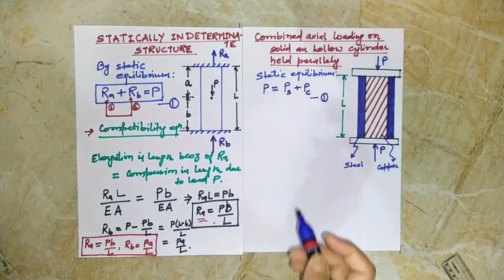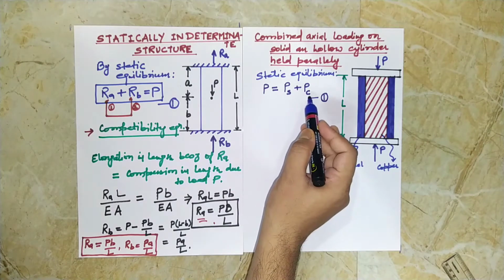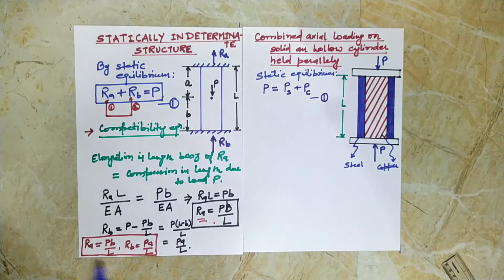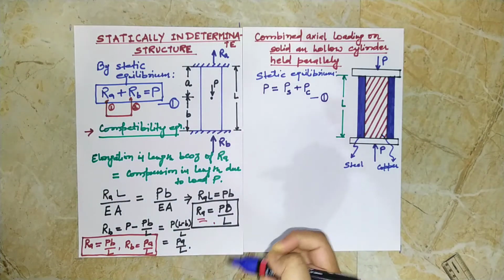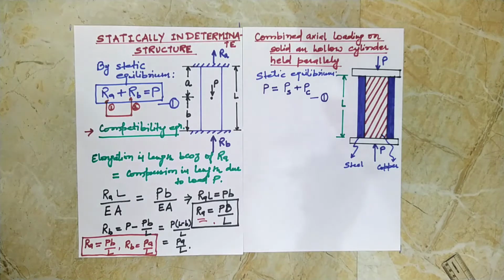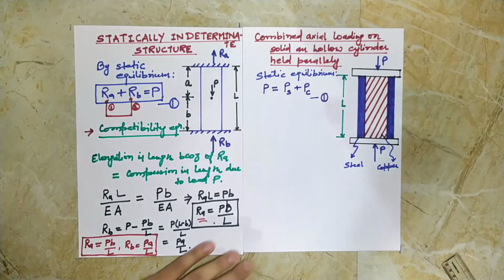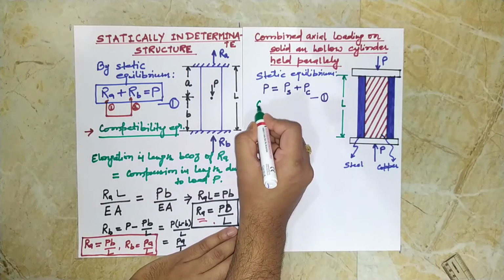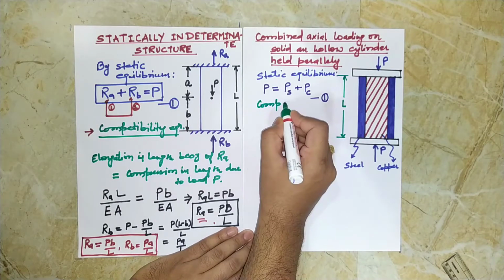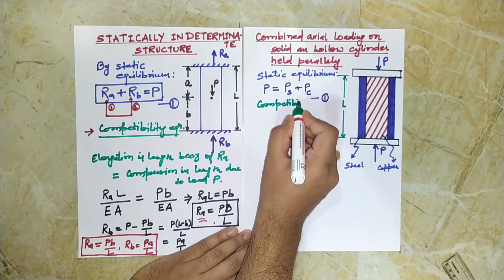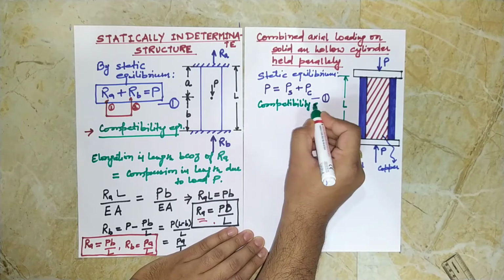Okay, so this is the first equation. Now here we can see that we have two unknowns and only one equation. Then we can call it a statically indeterminate problem. And for a statically indeterminate problem, we need to devise the compatibility equation, and we'll write down the compatibility equation.